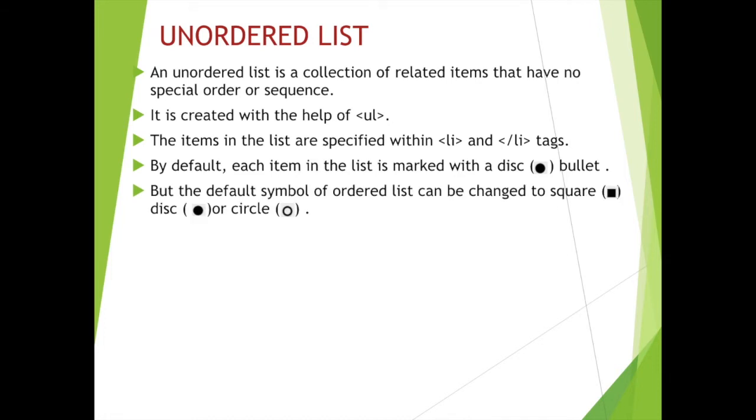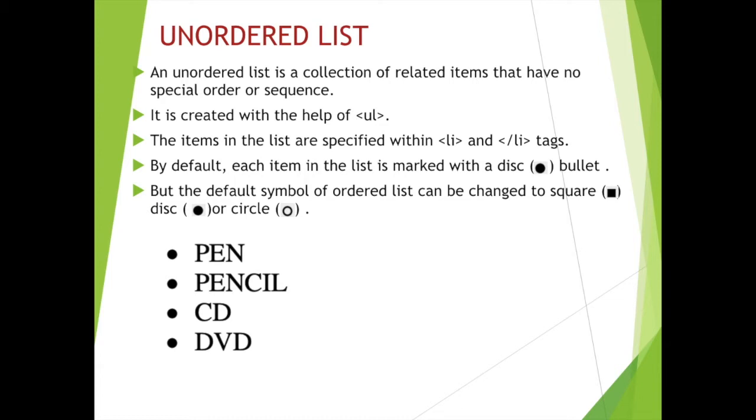But the default symbol of an unordered list can be changed to square or circle. Disk is the default one, but if you want to use anything other than the default, you can go for that. So in this session, we'll basically be learning how to create this type of unordered list.